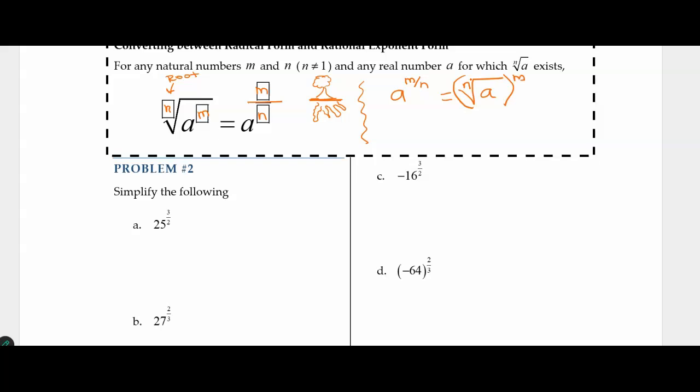So meaning that m could go inside, be the exponent on just that a, or it's the exponent of everything. So both of these are correct. It's just a different way to write it. And sometimes having it written one way or the other will make it easier to simplify it.